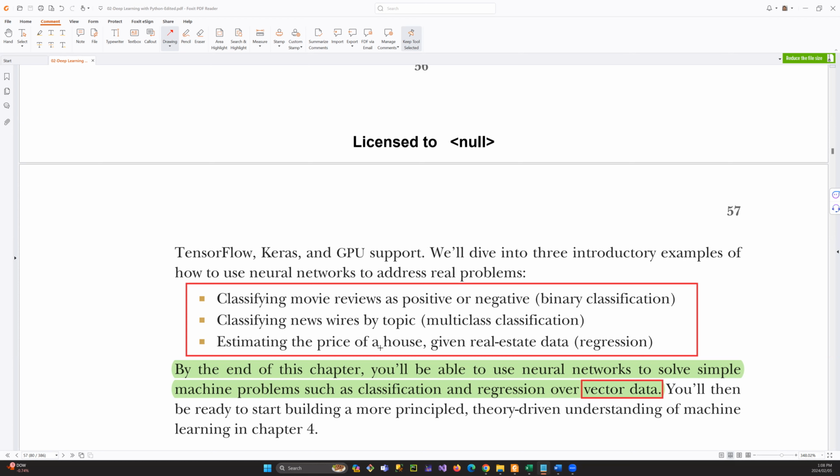The other thing is classifying news wires by topic. For doing that, please pay attention to the fact that we have multi-class classification.